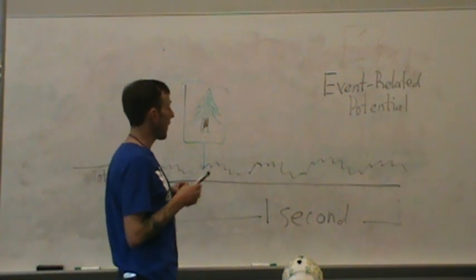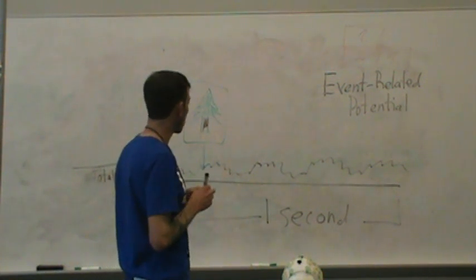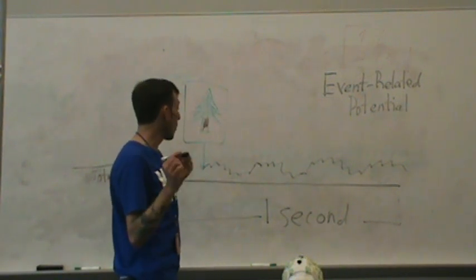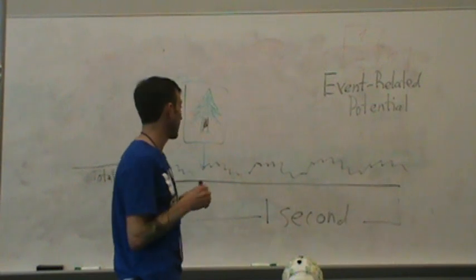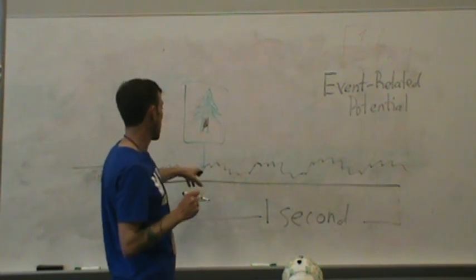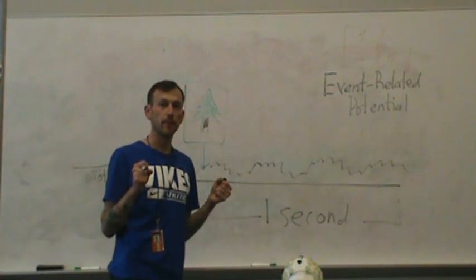So I want you to imagine a person doing an experiment is watching the computer screen, and a picture of a tree flashes up. What an event-related potential would do is say, okay, let's look at the brain activity right at the moment that the tree flashes up.